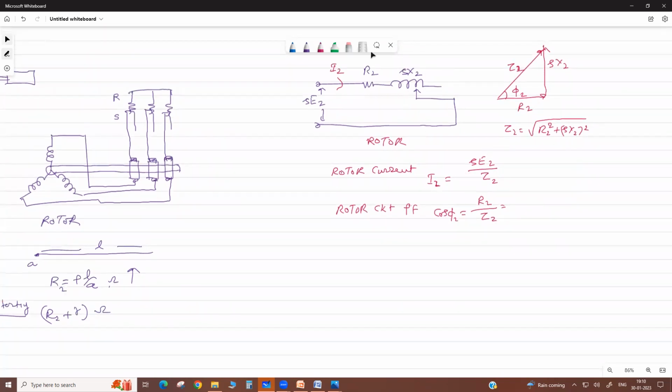This is your rotor circuit. Now my dear, due to high resistance at starting, the impedance is also high, then rotor current is low, because it is S E2 by square root of R2 square plus X2 whole square.